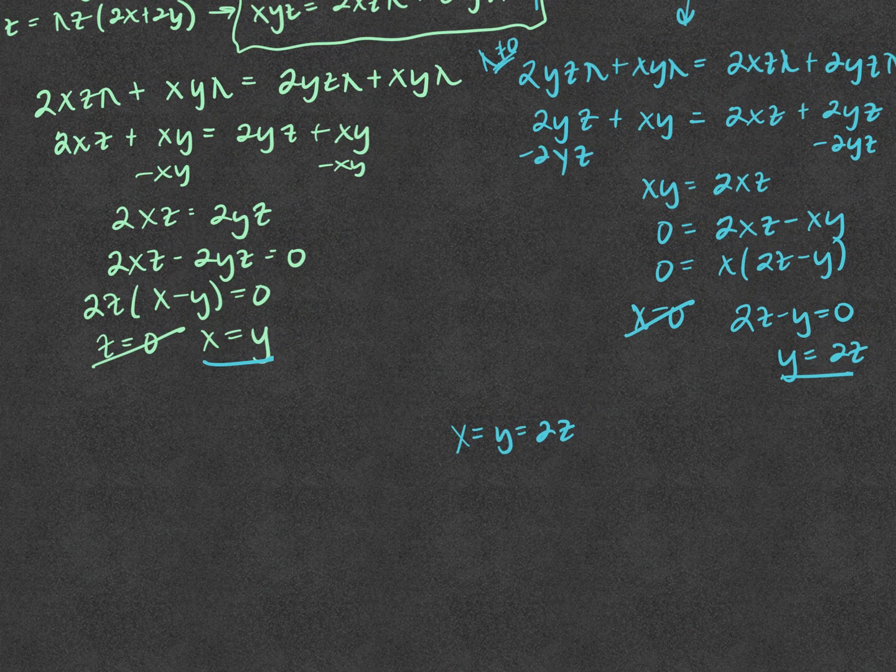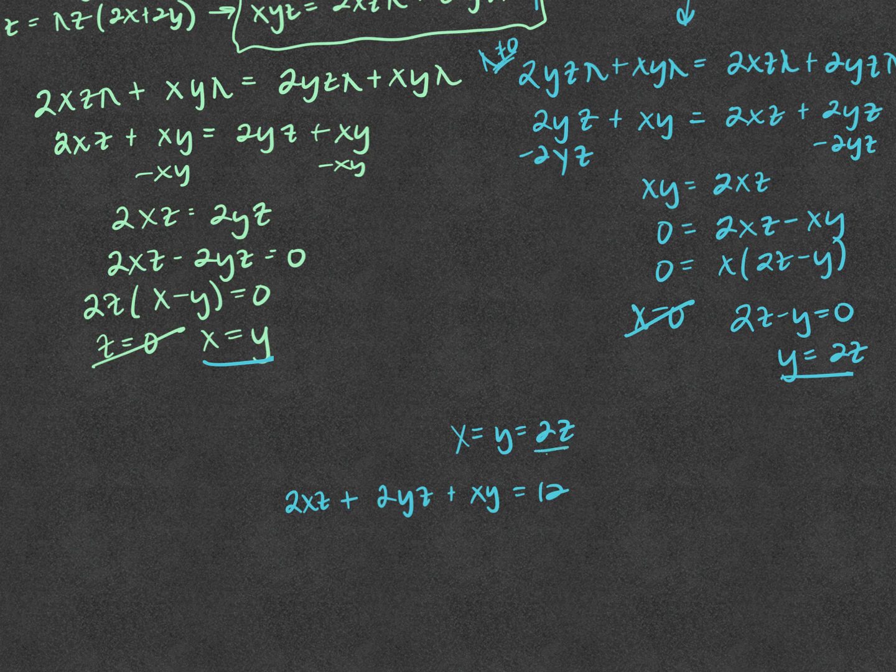And our constraint equation was G of x, which we have, is 2xz plus 2yz plus xy equals 12.